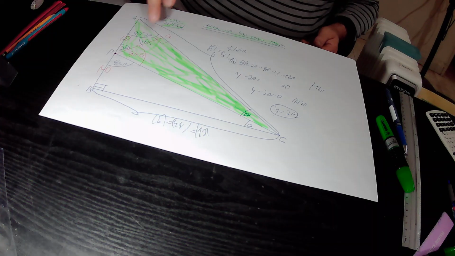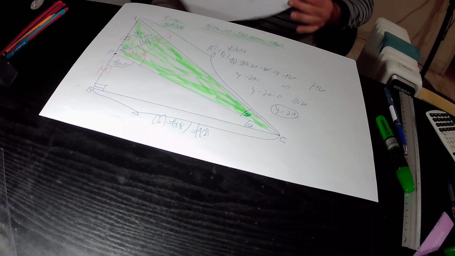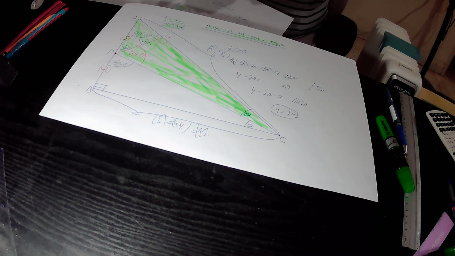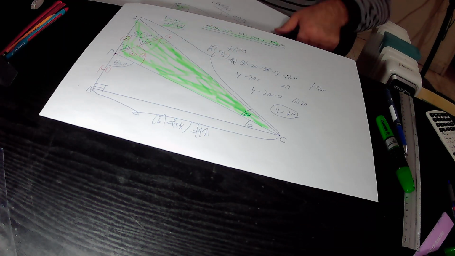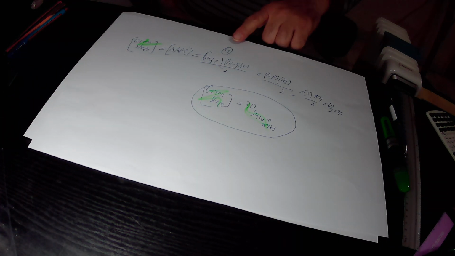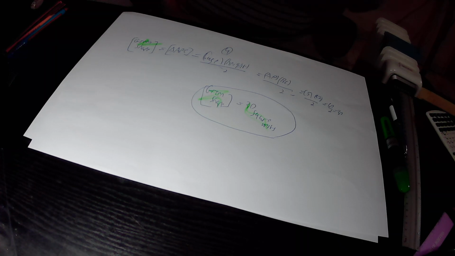Our task was to find the area of this green shape. So what is the area of the green shape? The green shape is actually the green triangle APC. The area of any triangle equals the base times the height to the base over 2.